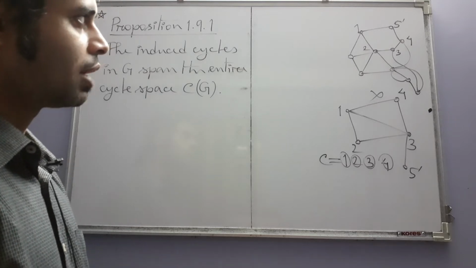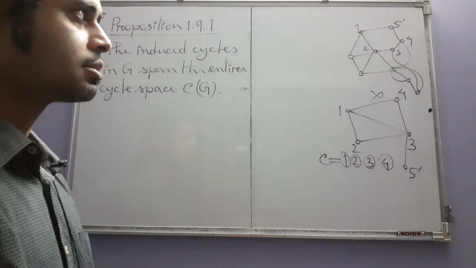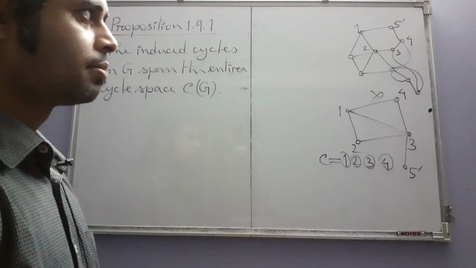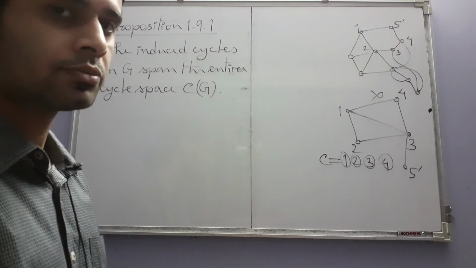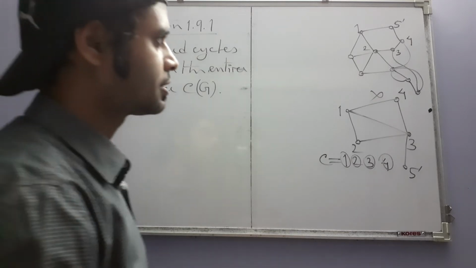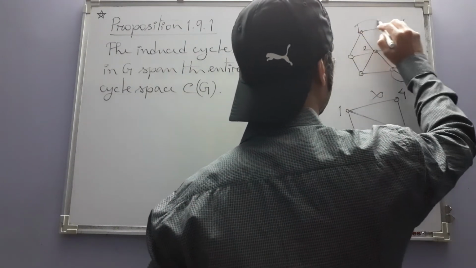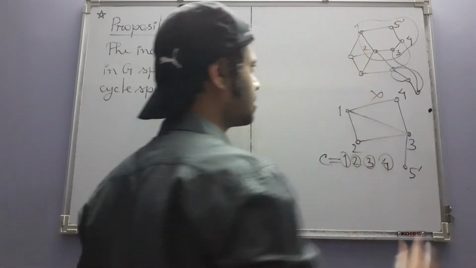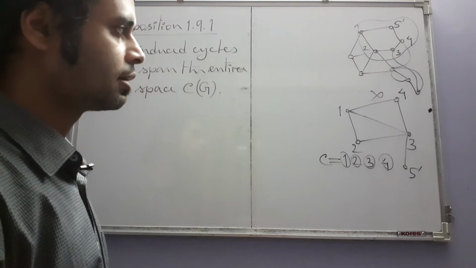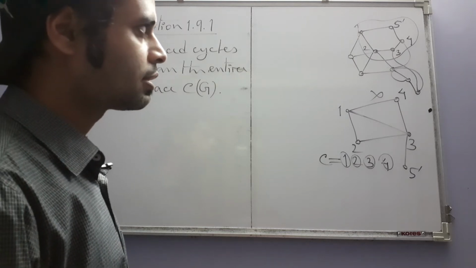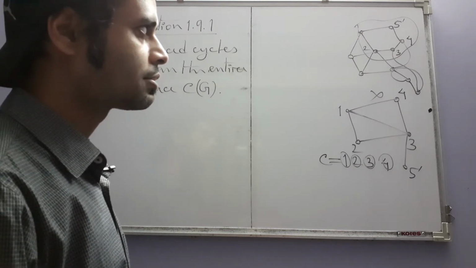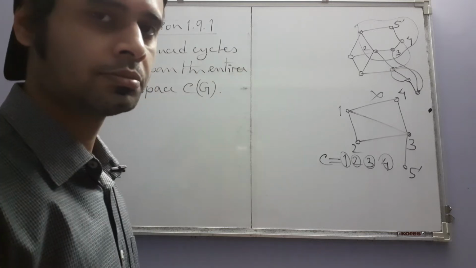If you consider those vertices, then the subgraph they induce in the graph is simply a cycle. That is an induced cycle. So an induced cycle is a cycle that has no chord.